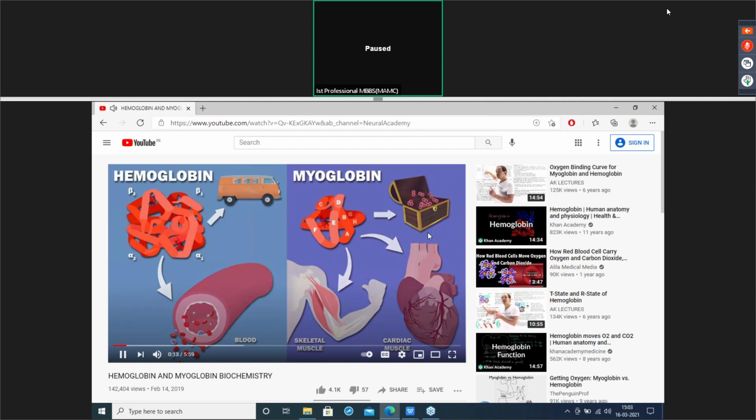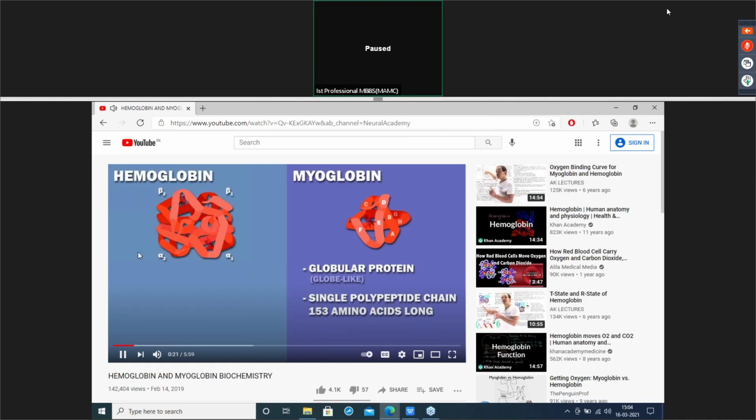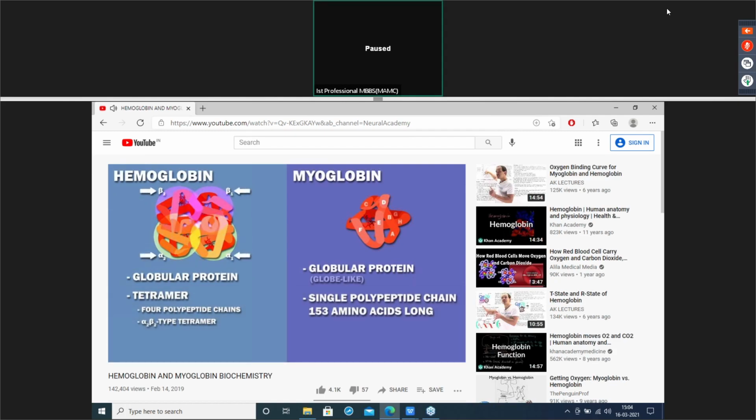This is transporter, this is storage. 46 amino acid.